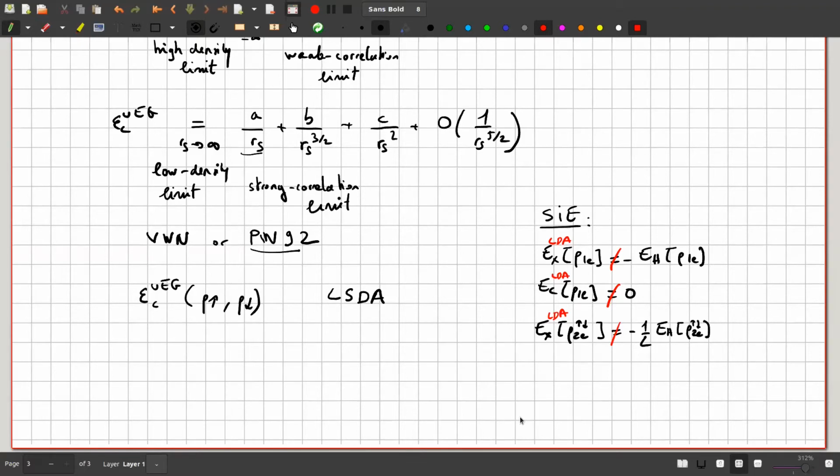For this reason and for other reasons, then we need to go beyond the local density approximation. And the next step is the generalized gradient approximation. Maybe I should ask here if you have questions about the LDA before we go to the gradient approximations.